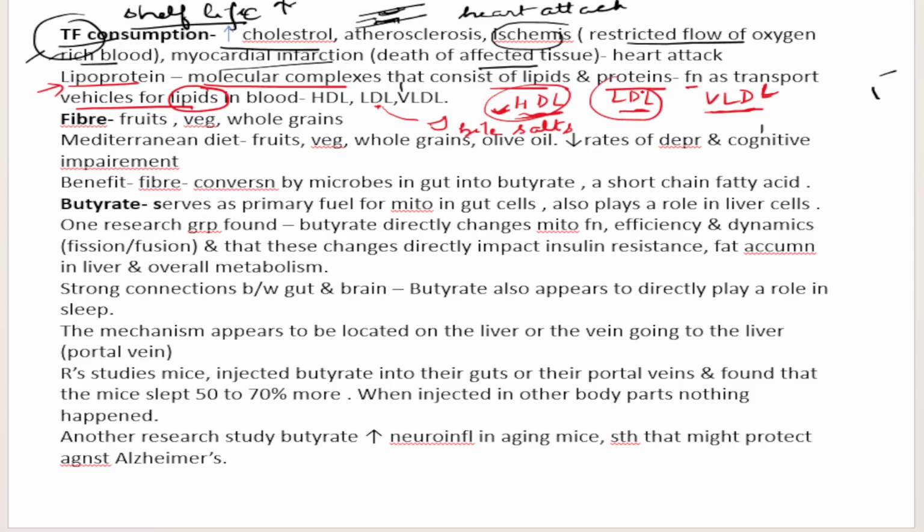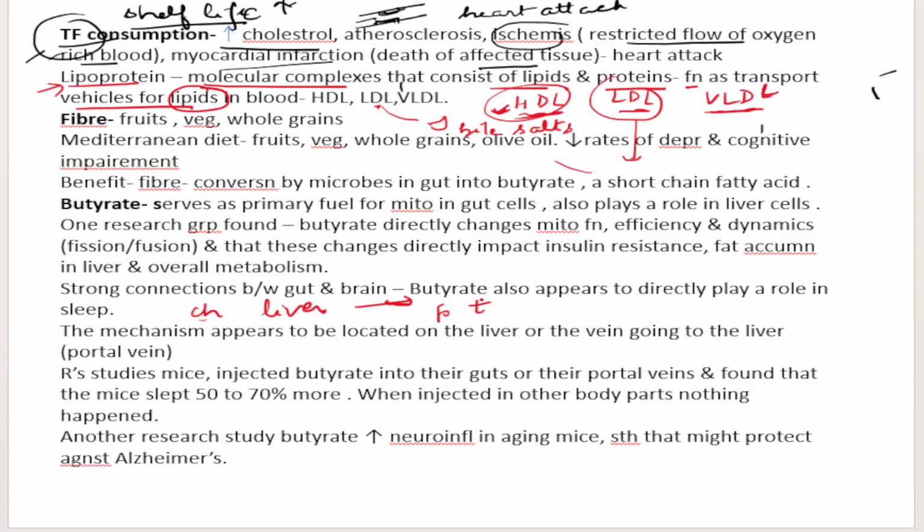And LDL, what does it do? The LDL is transferring the lipids and cholesterol from the liver to the peripheral tissue. So LDL and VLDL are transporting the cholesterol from the liver to the arteries, or from the liver to the peripheral tissues in the body.